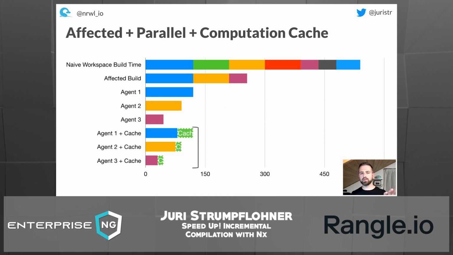Because now we don't just run them in parallel, but it might happen that we have executed those commands before. So in our local execution of the test runs, we might already have executed certain libraries. And so the computation cache would deal with that and not execute those commands again. And so we can even reduce them based on what we executed in the past.